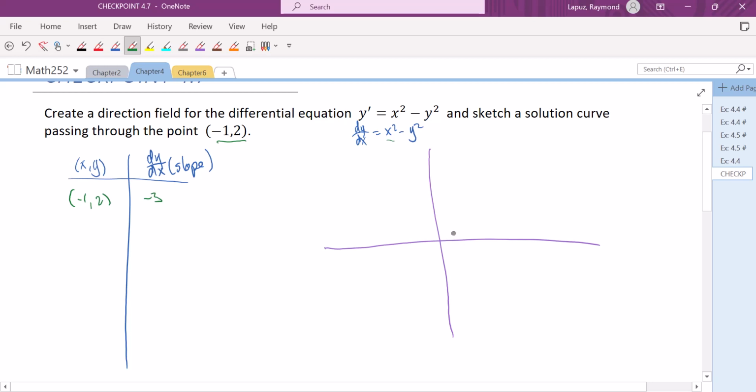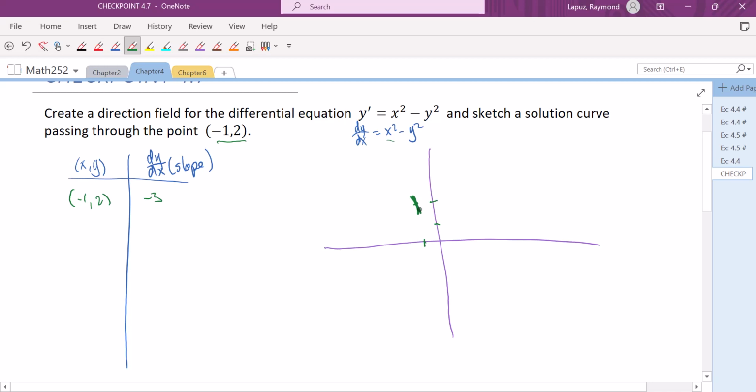So at the point -1, 2, we're going to have a slope of -3. So we generally try to draw a line segment. You can have an arrow or not, but just a line segment that would represent the slope of -3. So it's fairly steep, going downward from left to right.